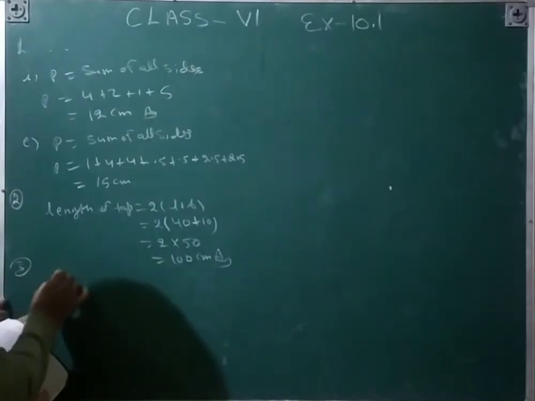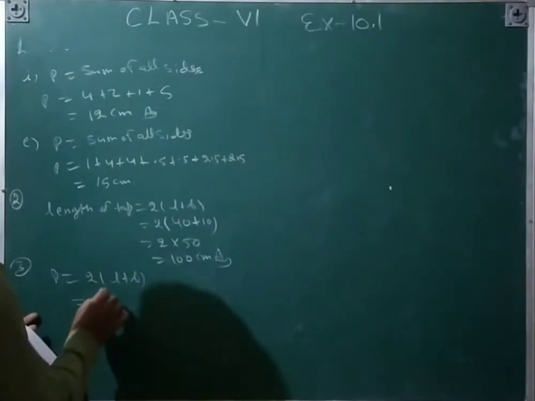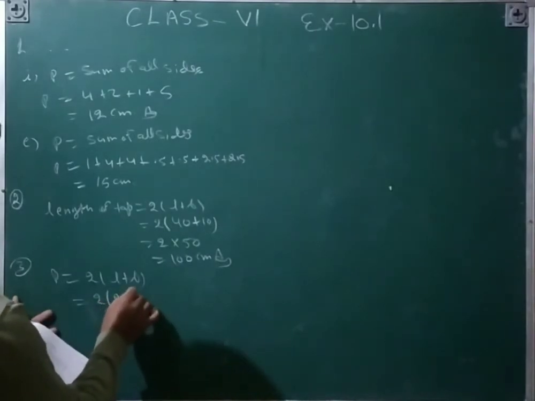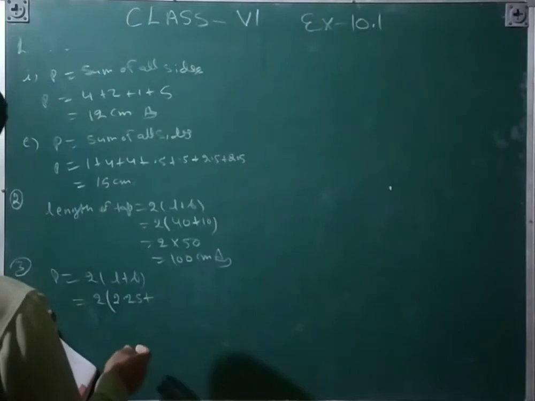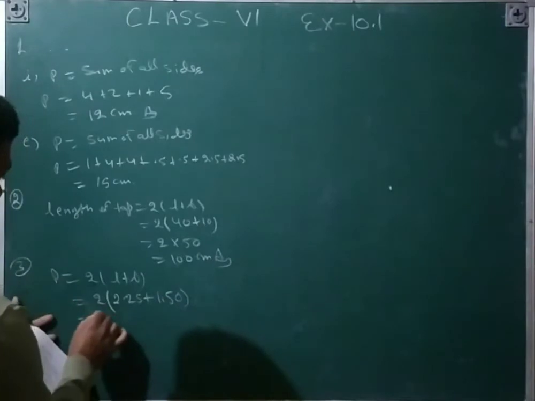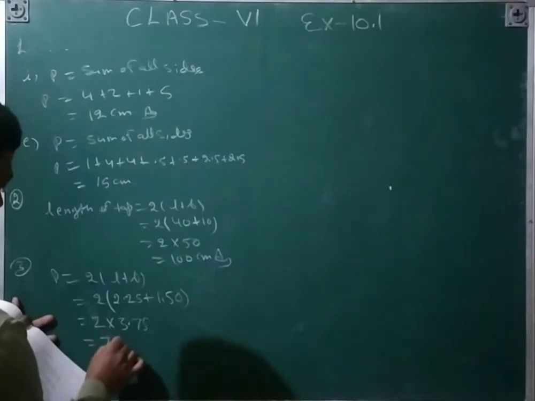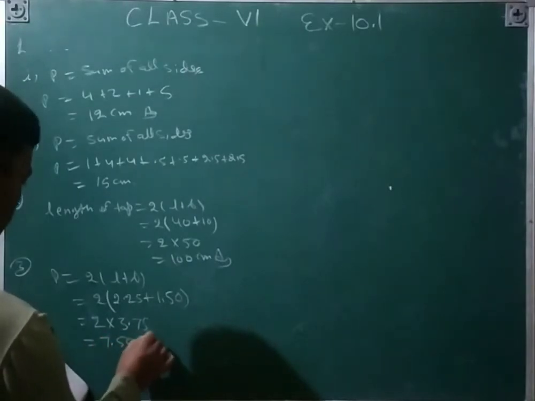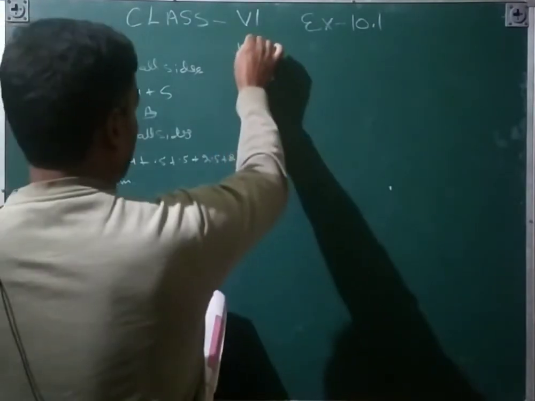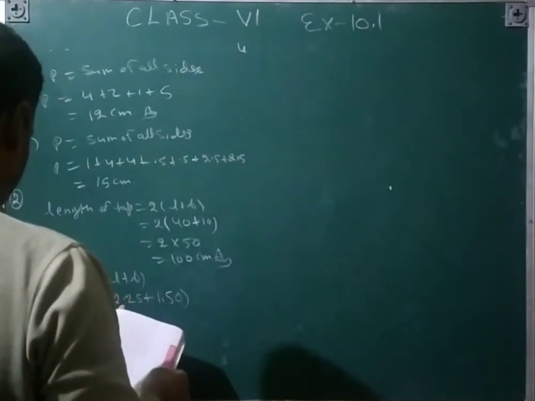For that, perimeter is equal to, similarly, 2 bracket L plus B. That is 2 bracket 2.25 plus 1.50, and then 2 multiplied by 3.75, that will be 7.50 meter.